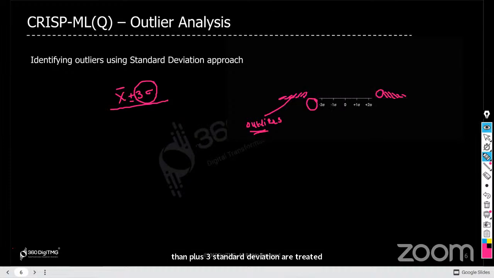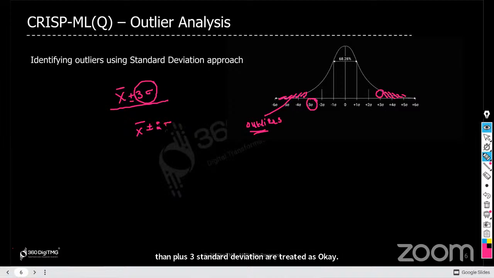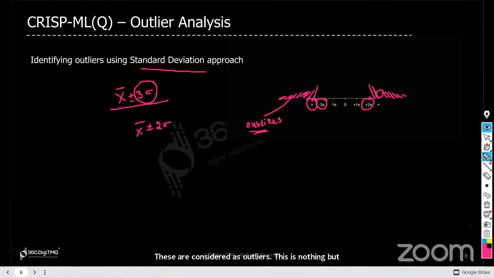If I take x bar plus or minus 2 standard deviation, whatever values are less than minus 2 standard deviation and greater than plus 2 standard deviation are considered outliers. This is nothing but identifying the outliers using the standard deviation approach.